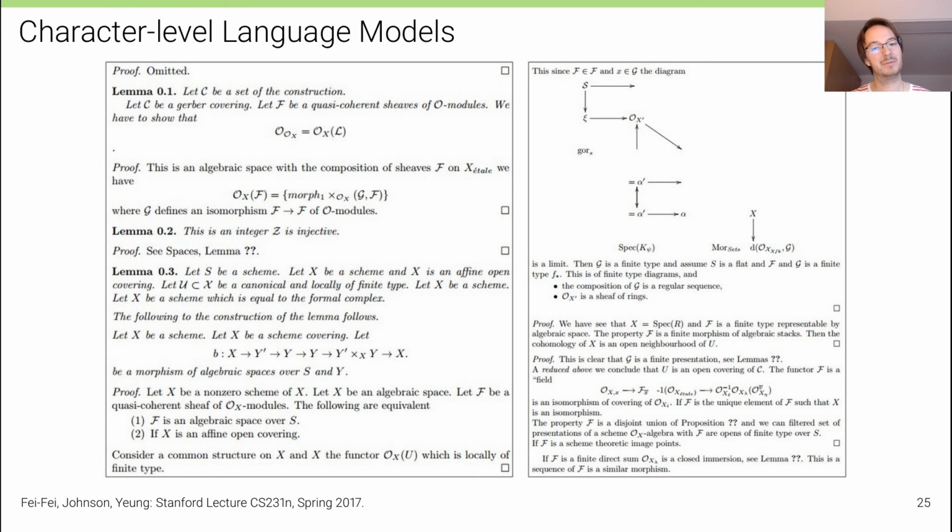And then the model was actually capable of generating proper LaTeX output that with some minor modifications could be converted into a LaTeX source file that actually compiles and produces something like this, which is quite beautiful. So it generates lemmas, it tries to prove these lemmas, it generates diagrams. None of this makes sense. The model, of course, doesn't understand math, but it generates proper syntax and things that on the first glance look like they come from a math textbook.